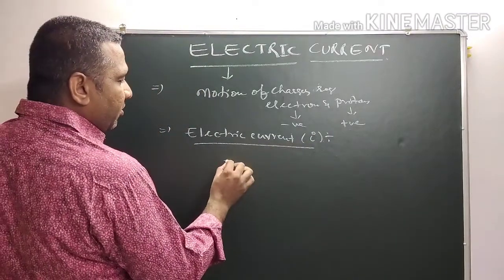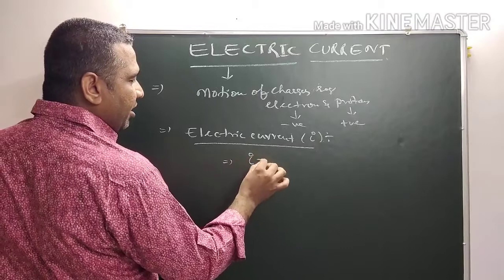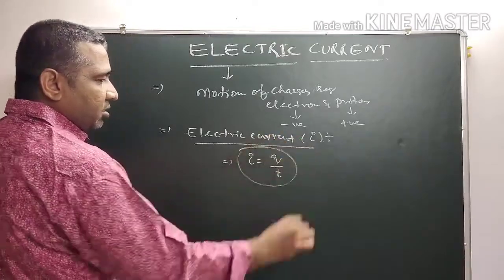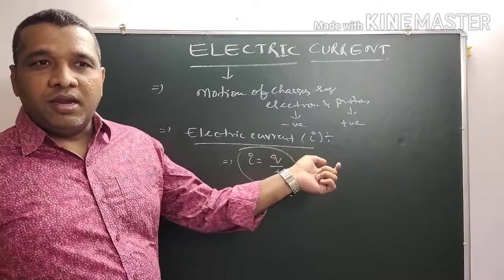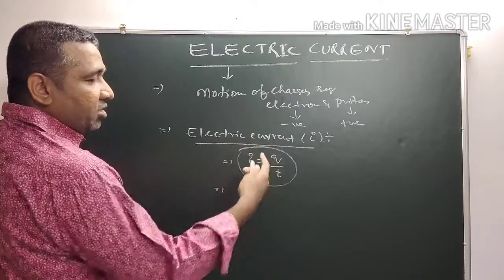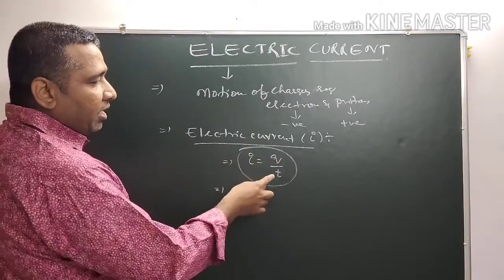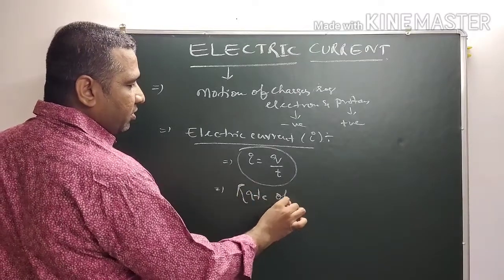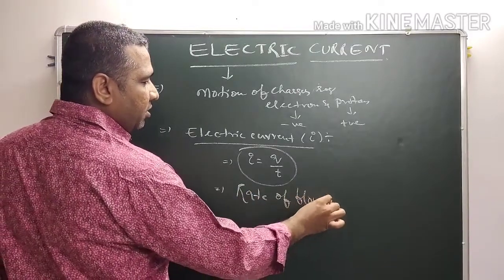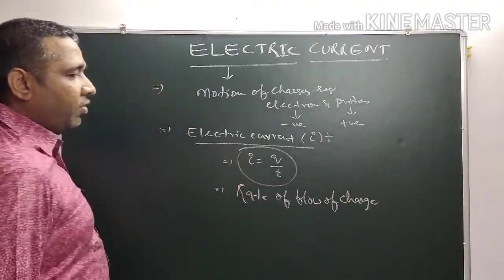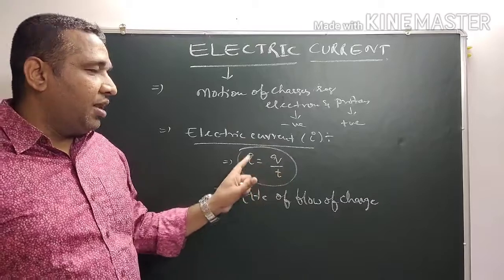The formula for electric current is I is equal to Q by T. With the formula we can easily define the electric current. The definition of electric current is the rate of flow of charge. Rate of flow of charge is nothing but the electric current.